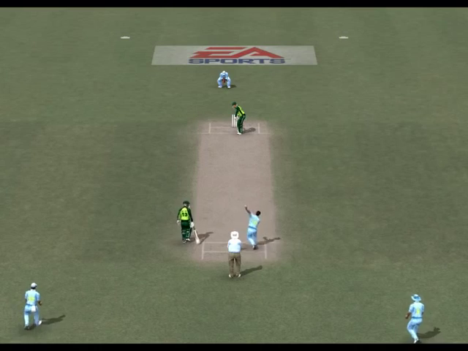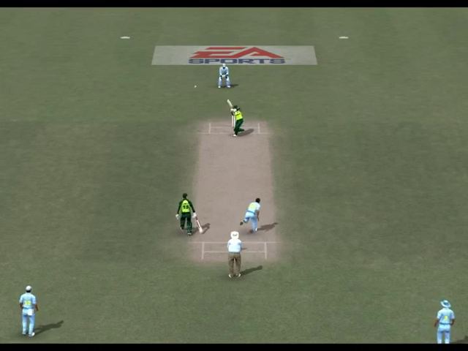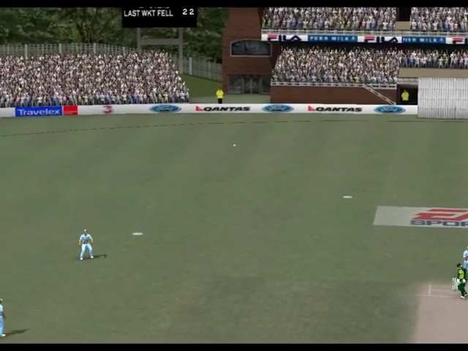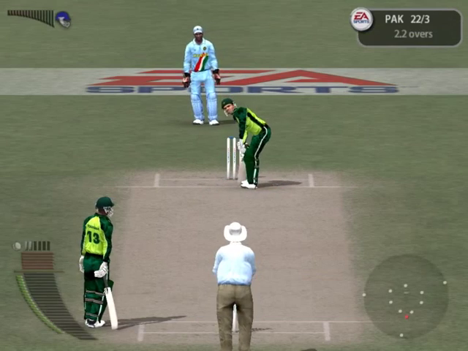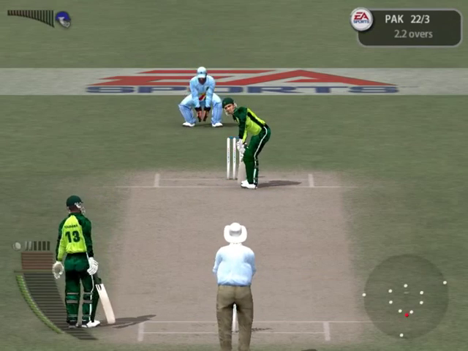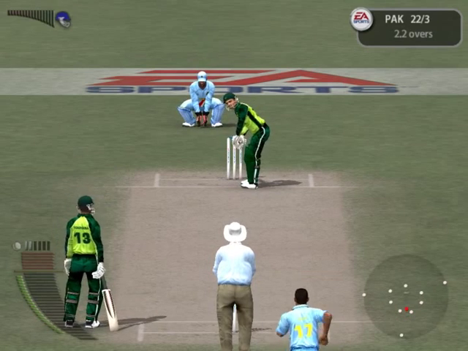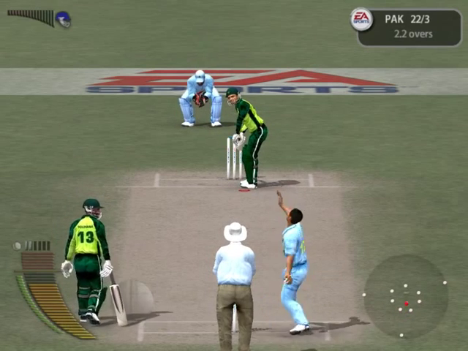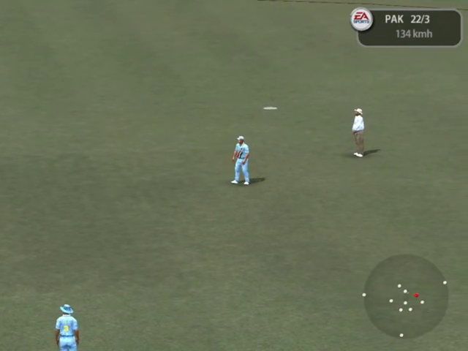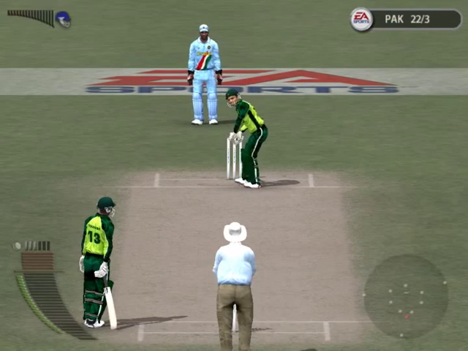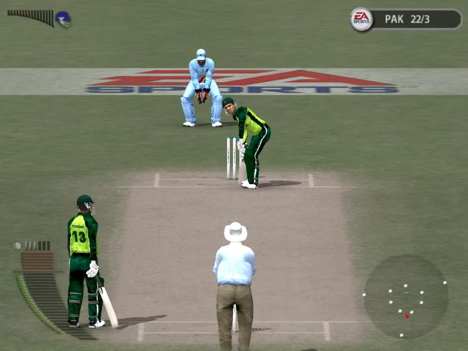This was how the innings ended for Shoaib Malik. Yunus Khan continues. Khan to Yunus Khan.